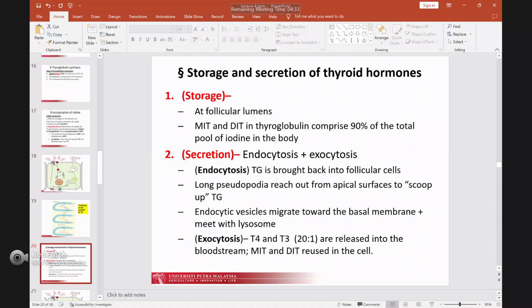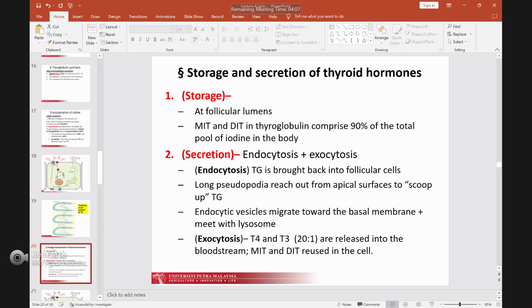Like I said before, thyroid hormone is very important in our body because it controls everything, the metabolism and energy expenditure and so on. That's why there needs to be a pool of all the precursors needed to produce the thyroid hormones. Then secretion: we have endocytosis and also exocytosis.